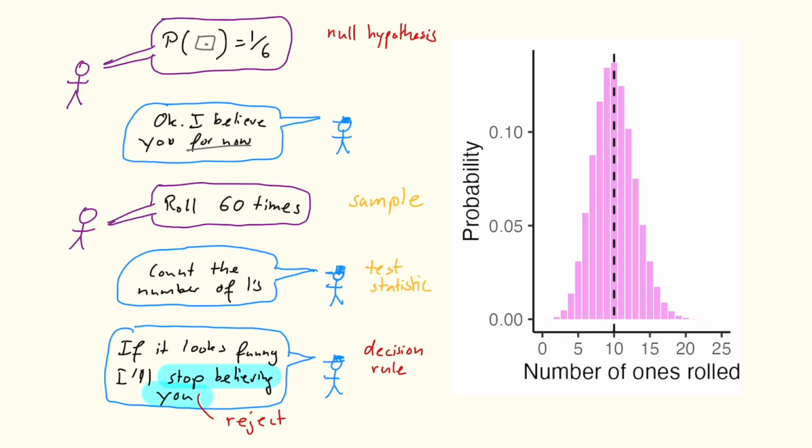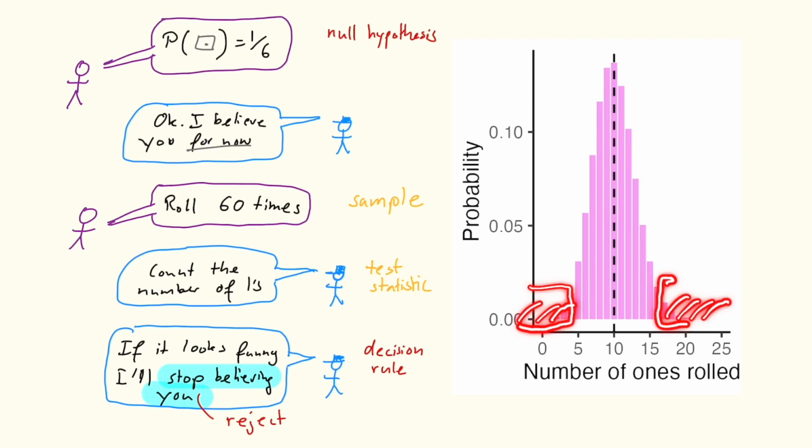If we want a small probability of losing an honest friend, we probably shouldn't reject at 11 ones either, and maybe not at 8 or 12 ones. So maybe let's say that we deem all number of ones between 5 and 15 acceptable. That means we will reject if our friend rolls either 4 ones or less, or 16 ones or more.